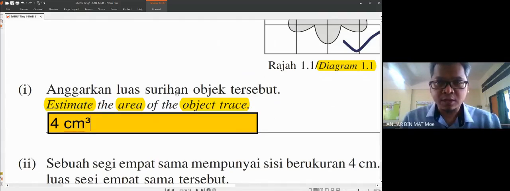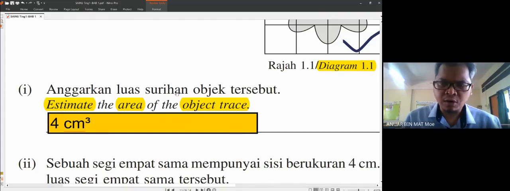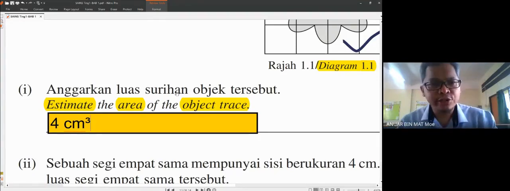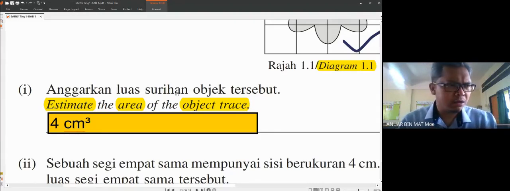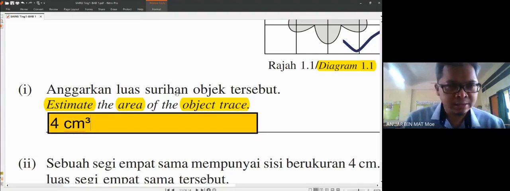You must be careful. But don't worry, if you are a little bit confused about how to use the unit, you just write the number only. Sometimes you may forget whether it is cubic, the small number 3 there, or square. If you are unable or confused about which unit to select, don't worry. You just write the number only.